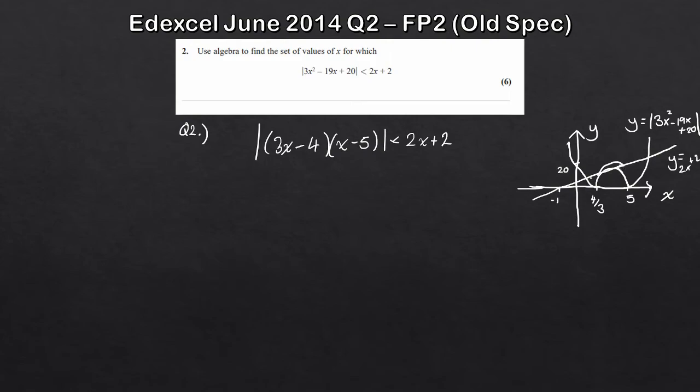So the only points that actually satisfy it, if I draw it in a different colour just to make it a bit clearer, well, we've got this point, so we'd have here to here. At this point here, my modulus graph is below it, so that satisfies it there. And again, from here to here, it's also underneath.